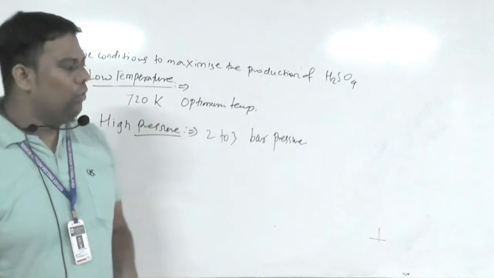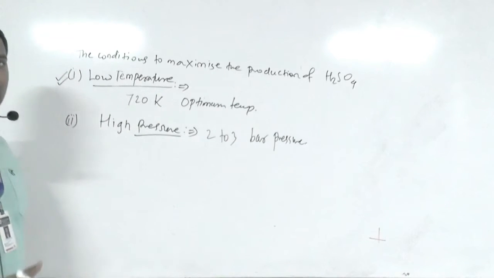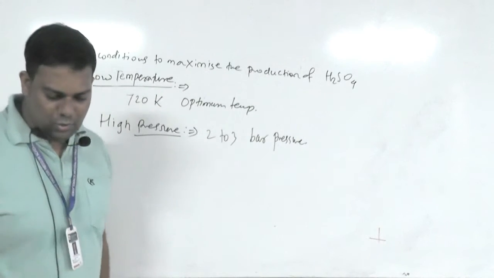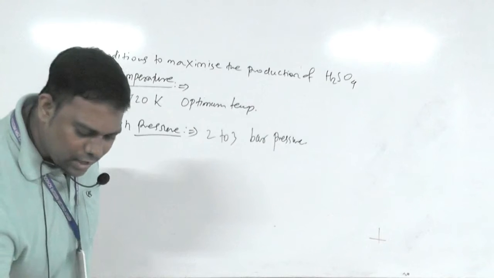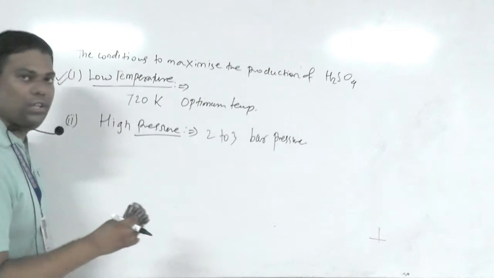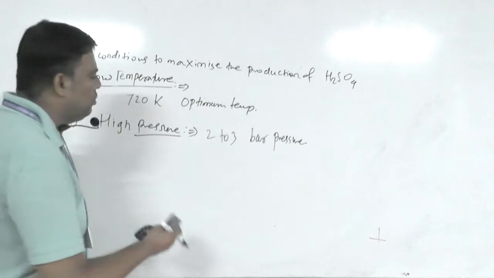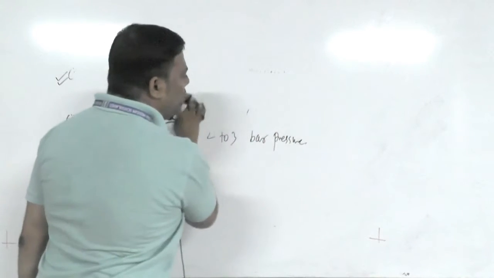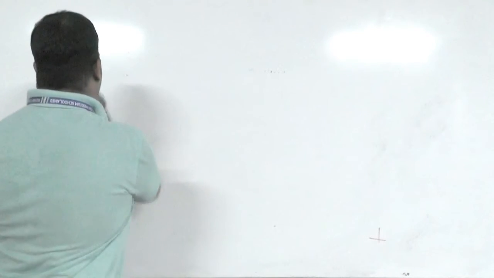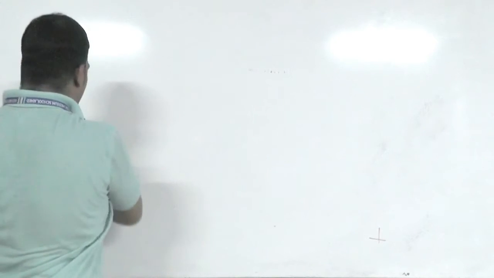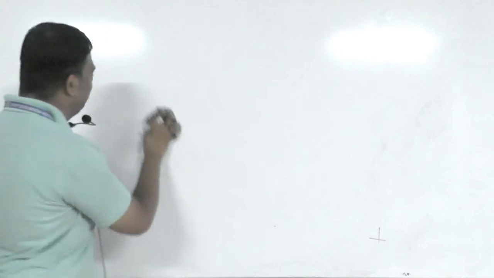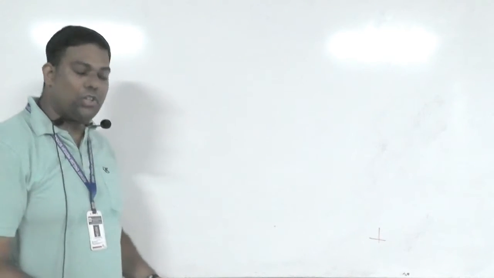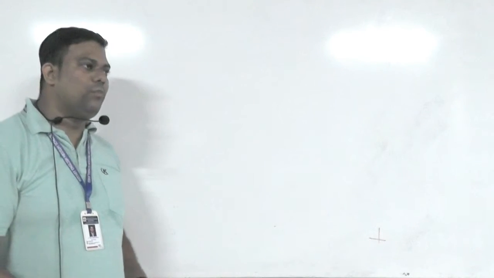So now we will discuss the flow sheet. See here how we can write a flow sheet for the contact process of H2SO4. Concentrate on this, how it works generally. It is also given in the book, the industrial production of H2SO4 by the contact process.